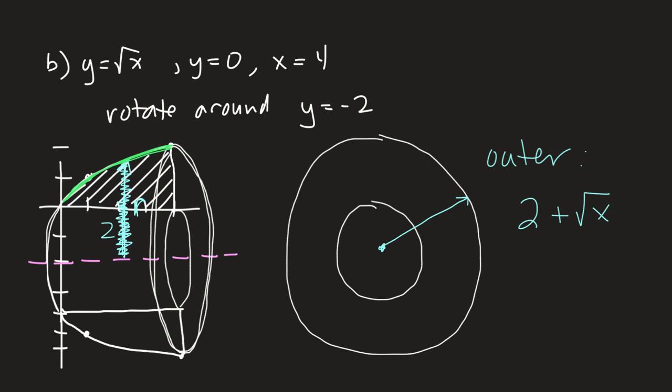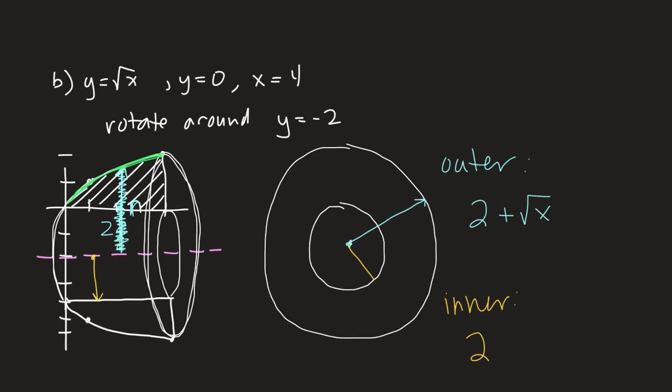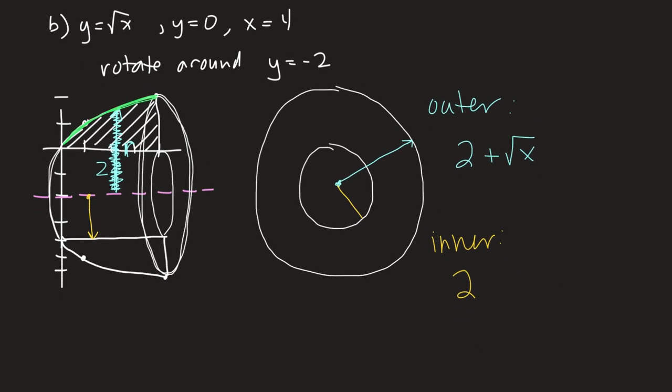And then how do we get this one? Our inner radius, what is this length in there? That's always going to be 2. Always 2. Okay, so now we go to our formula. We have our washer. We wrote down the two equations.